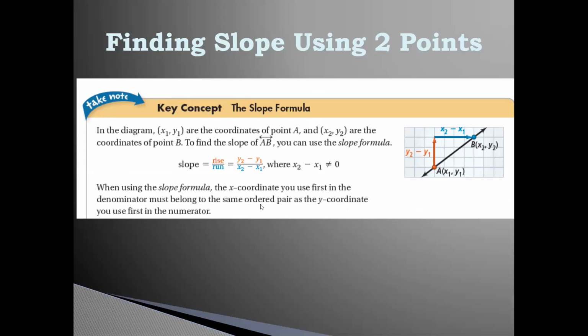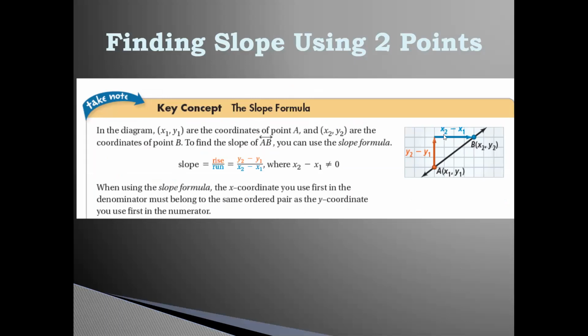Here's where that slope formula can come into play. The thing I like about this particular slide is, if you look at the graph over here, the change in y is exactly what I did on the earlier graph. Instead of calculating, I counted the boxes.